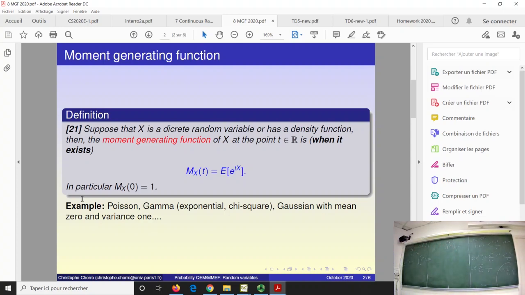I don't have x. I have something to the power t if you want. I have to do the sum with respect to the power. So t is fixed and k is moving.